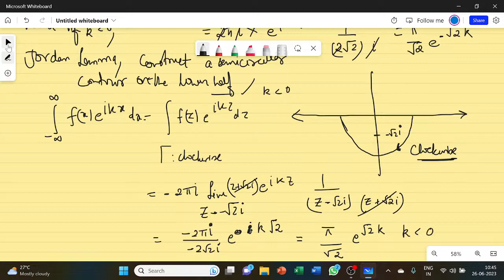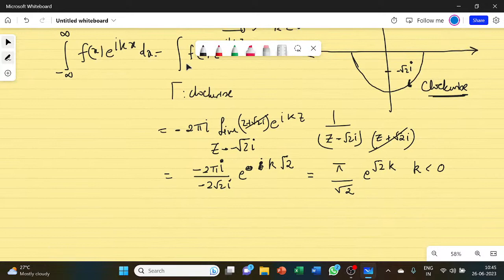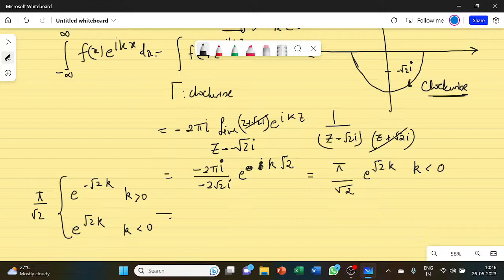So if I have to summarize both of the results, the integration is simply equal to pi upon root 2 e^(minus root 2 k) for all k greater than 0, and it is equal to pi upon root 2 e^(root 2 k) when k is less than 0. If I have to summarize the result, I will write pi upon root 2 e^(minus root 2 modulus of k).